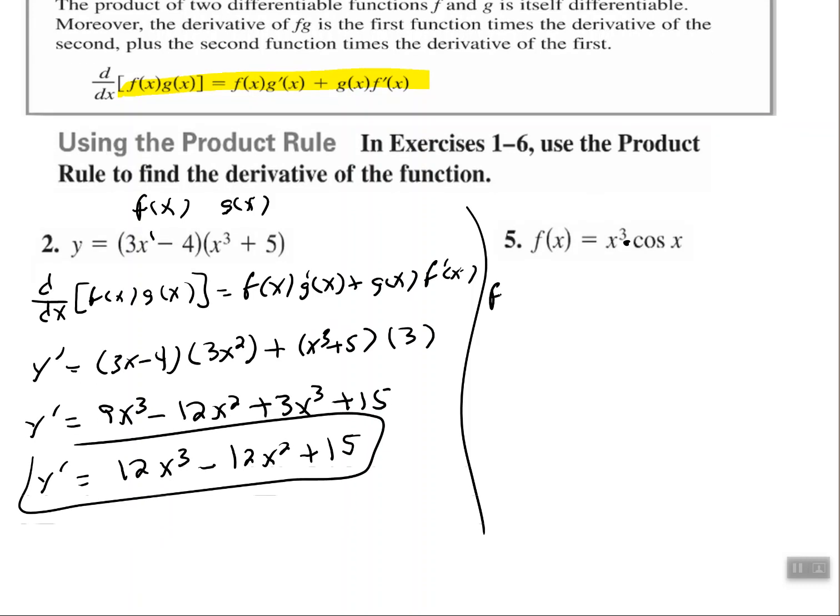So first function, x to the third, times the derivative of the second function, derivative of cosine of x is negative sine of x, plus the second function, cosine of x, times the derivative of the first function, 3x squared.